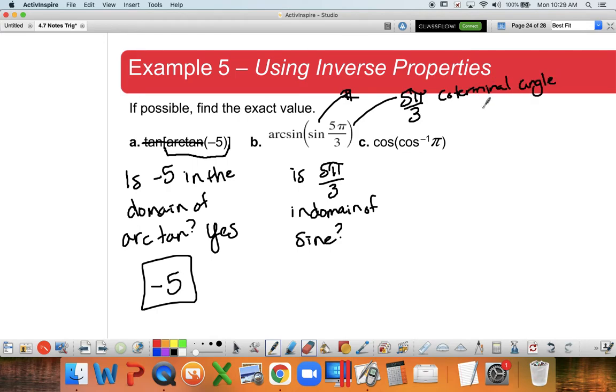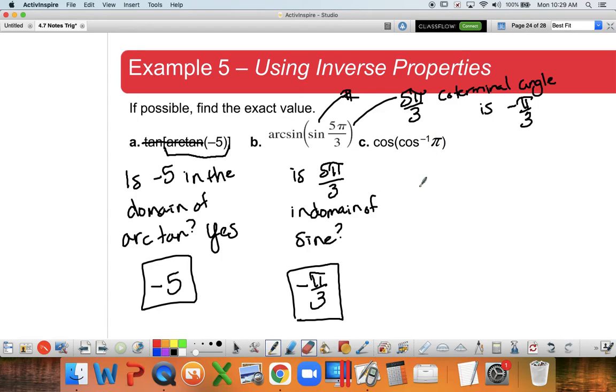Angle is -pi over 3. So yes, this exists. Yes, you are allowed to do this, but the answer that you're going to get out is what's in the restricted domain of arcsine. It's going to give out -pi over 3. And you can check on your calculator, right? Maybe you want to convert these into degrees rather than radians and work with them, but you will get out a negative answer rather than it just being 5 pi over 3.